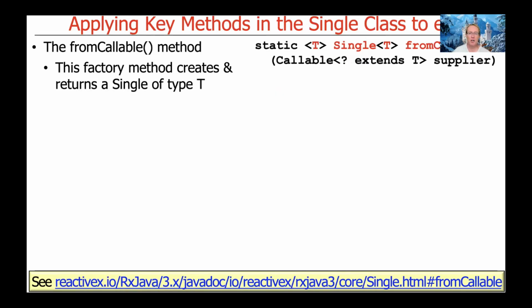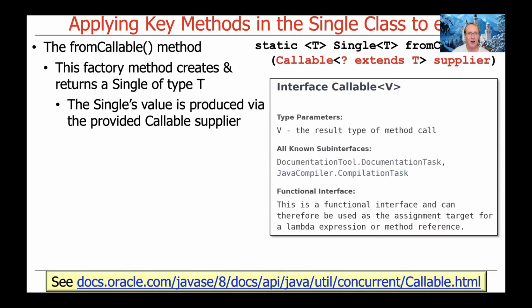So the first method we're going to look at is the fromCallable method. That's a factory method that often originates a stream, where we have the ability to create and return a Single of type T that uses the supplier parameter to produce the value.